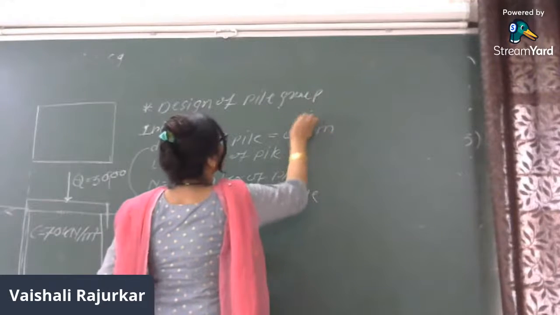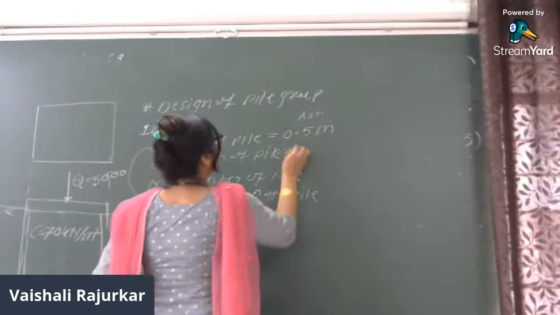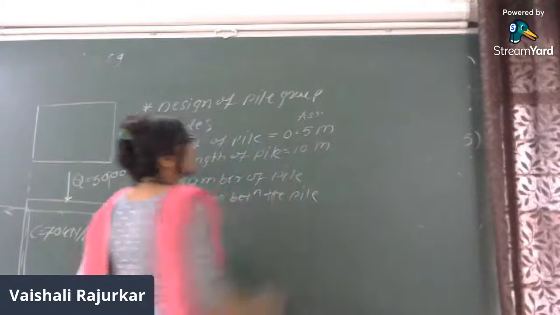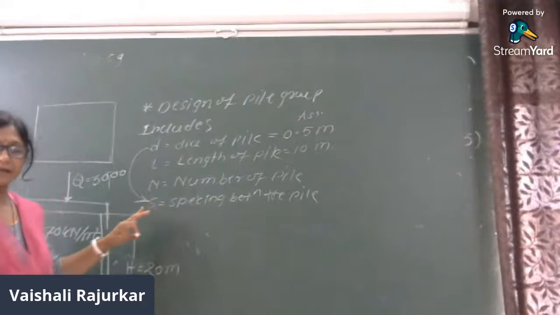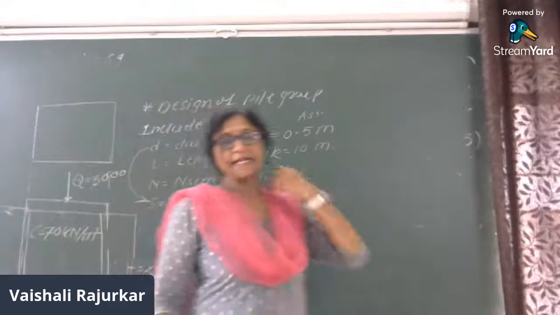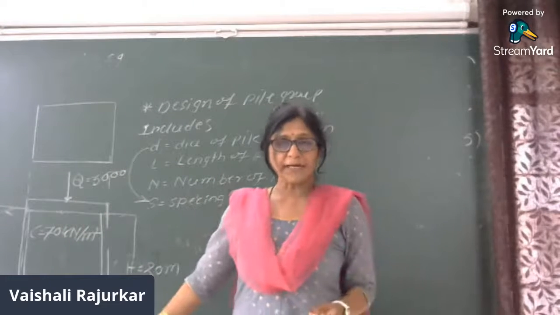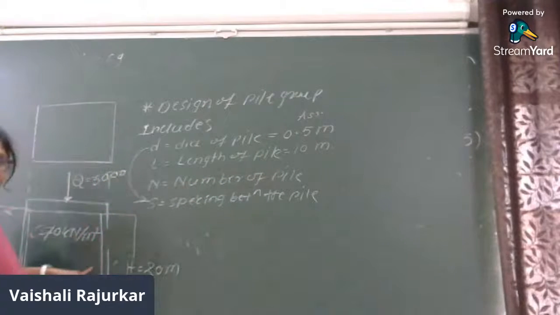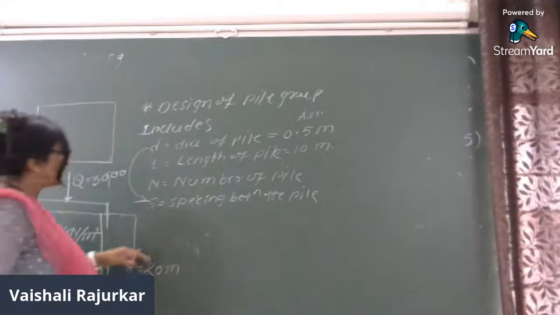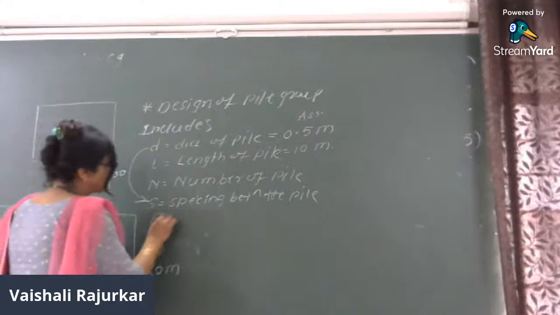If the length of the pile is 10 meter, and the clay soil extends up to 20 meter depth, then naturally whatever is the load carrying capacity will be assumed as a friction pile.